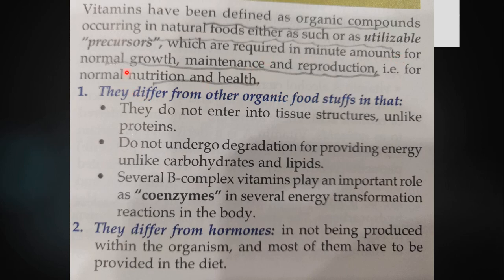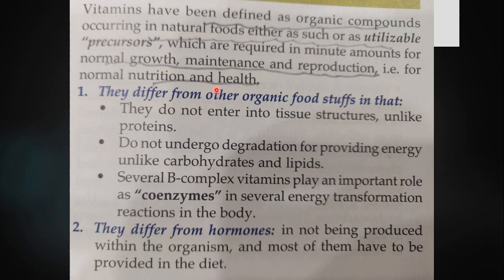I stress, vitamins are needed in minute amounts for normal growth, maintenance, and reproduction, for example, for normal nutrition and health. So this is a broad definition: these are organic compounds and they are not synthesized in the body. There is no synthesis of these vitamins in the body, so they have to be provided in the diet.